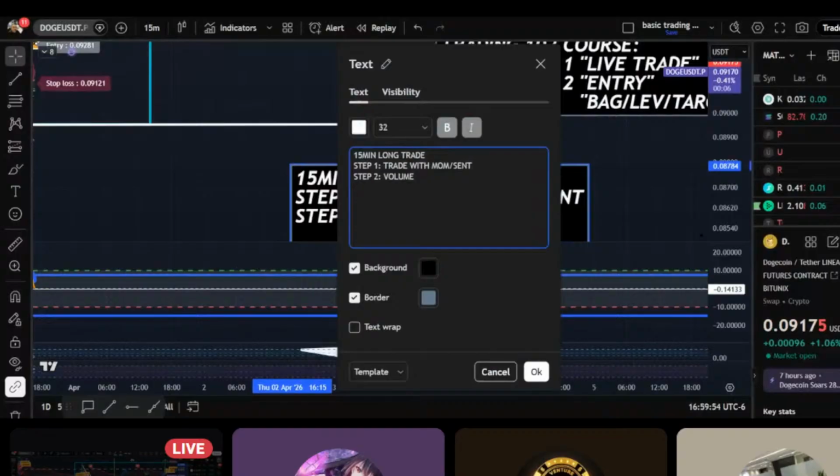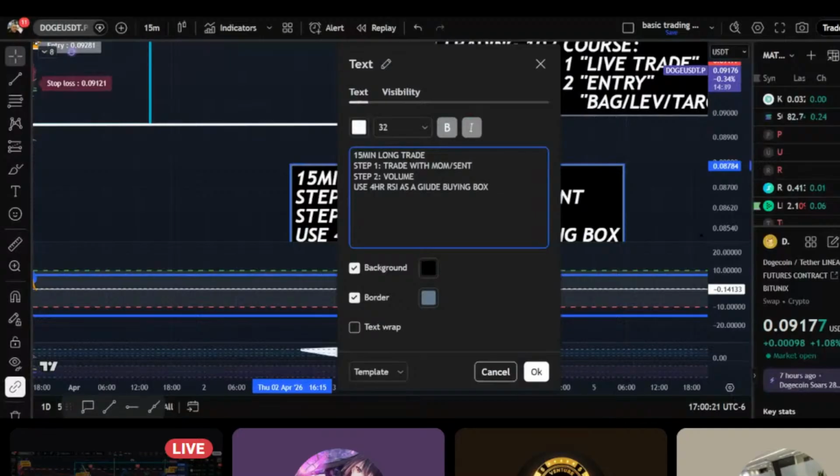We would say, okay, in order to trade with momentum, we're going to use the 4-hour RSI as a guide. Meaning that when the 4-hour RSI is headed up, that's going to give us a buying zone or a buying box. Okay.